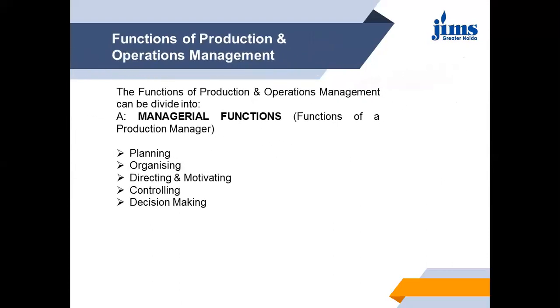Now, the last topic for this session is functions of production and operations management or manager. I have divided the functions into two parts. If you can see on the screen, the first category is managerial functions, which are the functions of any production and operations manager.